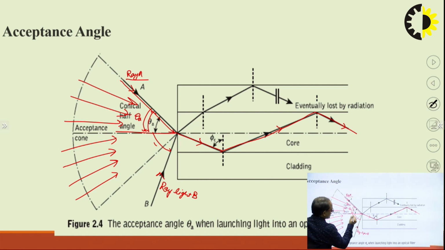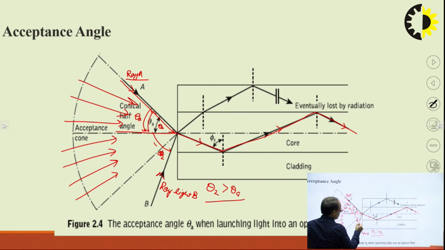Let's say this is theta A, which is a maximum. If this theta 2 is greater than the theta 1, then this ray will enter into the optical fiber cable, but it is making an entry beyond the acceptance cone.